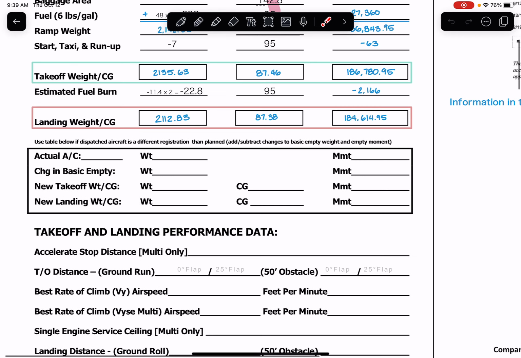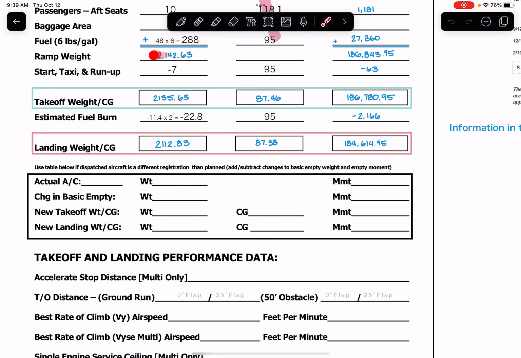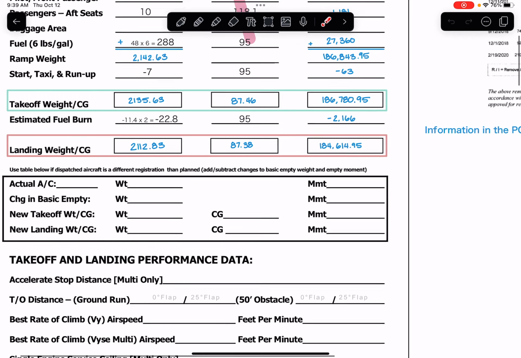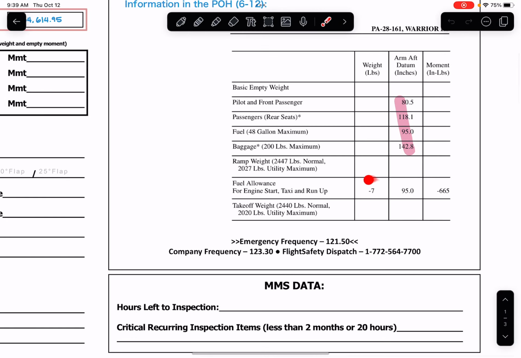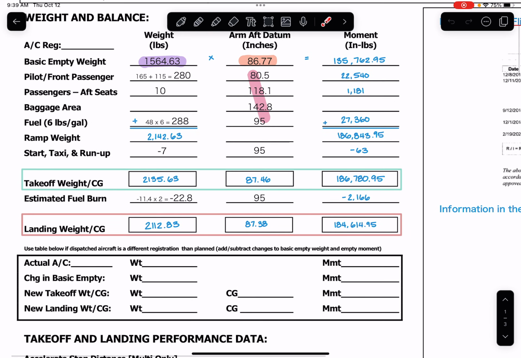Now, after we do run up, we have to do a calculation for that, right? Because that's not going to be our takeoff weight. We're going to be moving around the airport. So Piper says that we approximately use 7 pounds of fuel when we do our run up. So we're going to use their number, multiply it by the arm to get a moment of negative 63.